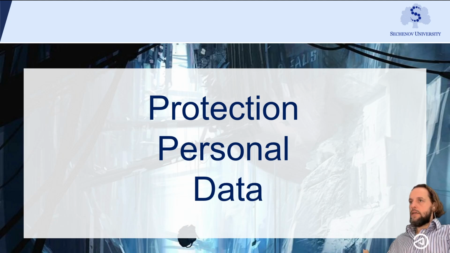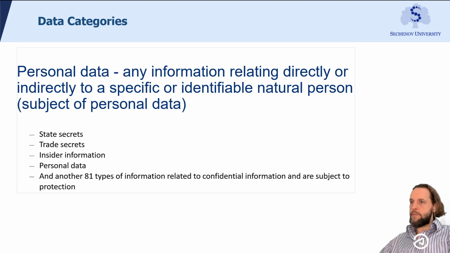Now let's cover major points of protection of personal data, because when we are talking about medical data, it will always be personal, and there are different types of data which we need to store in a secure way.